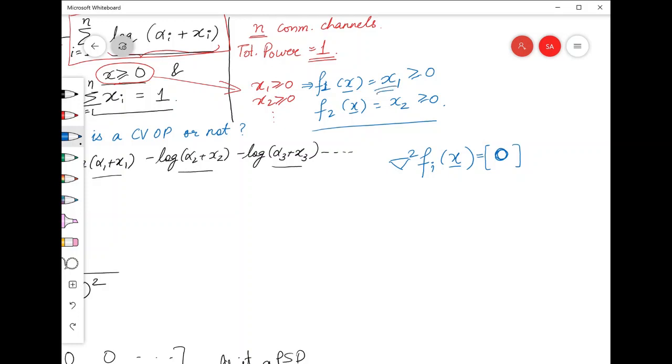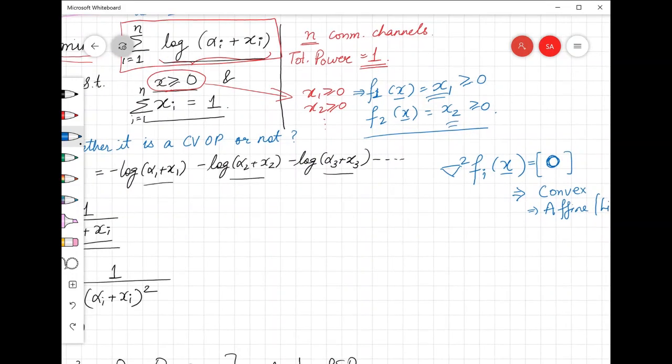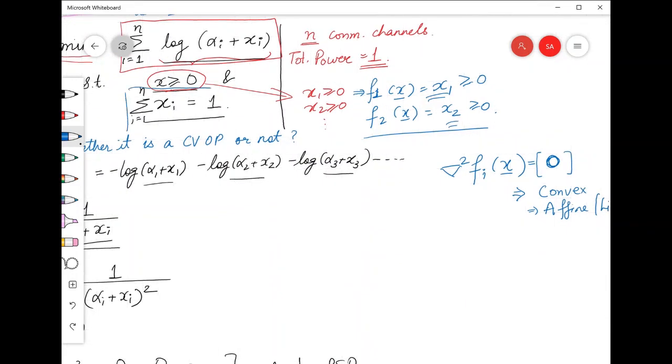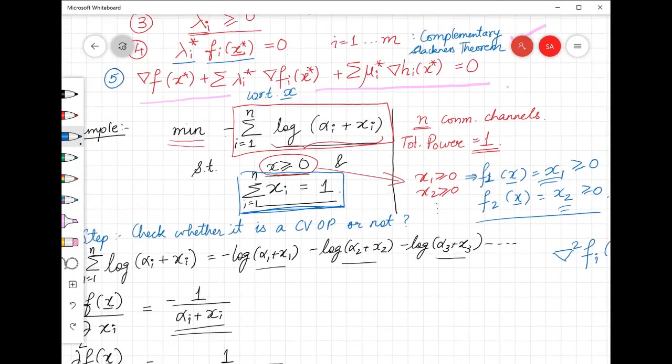These are all affine functions, so whatever Hessian you get will be 0, and this says that the function is also convex; rather, it is an affine or linear function. Similarly, this is an equality constraint, which has to be a linear function, and you can see it is a linear function.